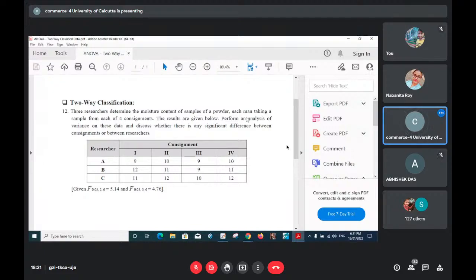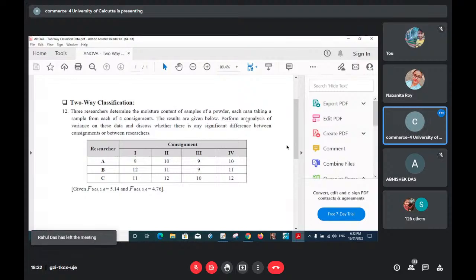When we apply this procedure, we will have two null hypotheses, and obviously two alternative hypotheses. In the earlier cases, we have seen that we have one null hypothesis and one alternative hypothesis.